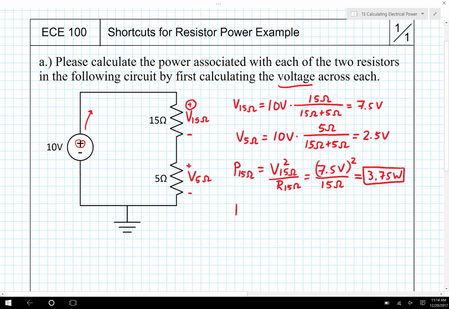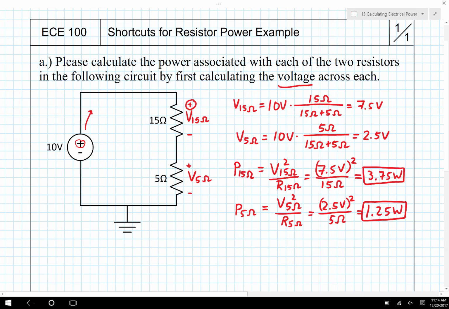And then the power that's being consumed by the 5 ohm resistor is going to be the voltage across the 5 ohm resistor squared divided by the resistance of the 5 ohm resistor, which is going to be 2.5 volts squared divided by 5 ohms, which turns out to be 1.25 watts.